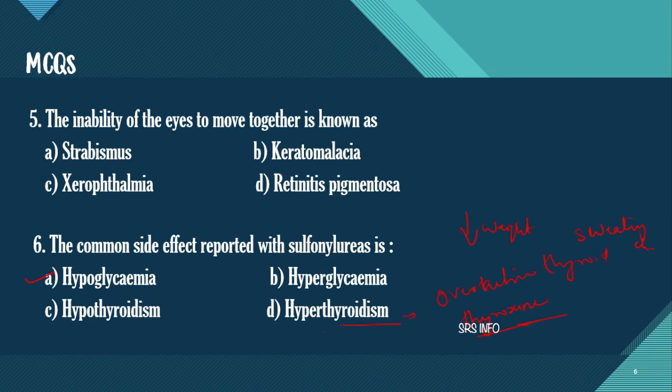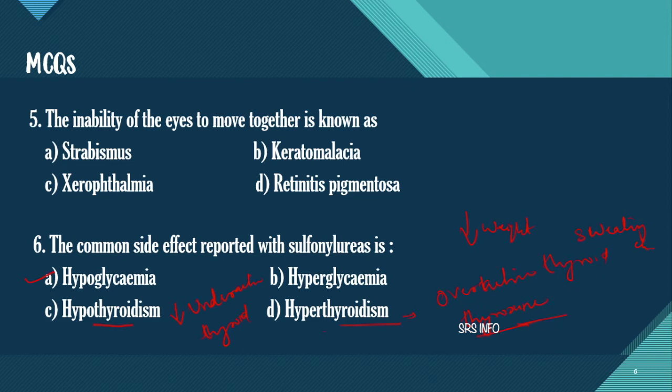The just opposite process is working in hypothyroidism. There is underproduction, that is, less production of thyroxine hormone by the thyroid gland. This is known as underactive thyroid. Hyperthyroidism is overactive thyroid; hypothyroidism is underactive thyroid. In such a case, the metabolic activities are very low, so unintentional and excessive weight gain happens.